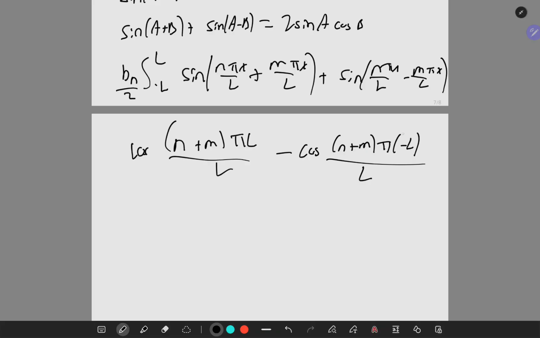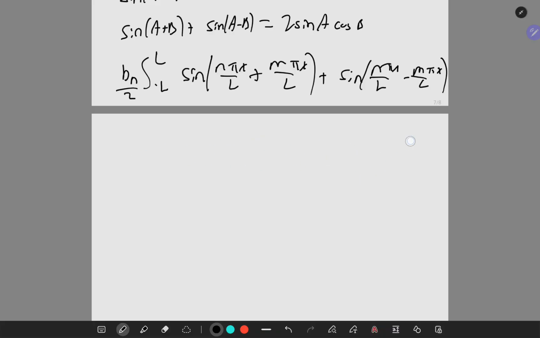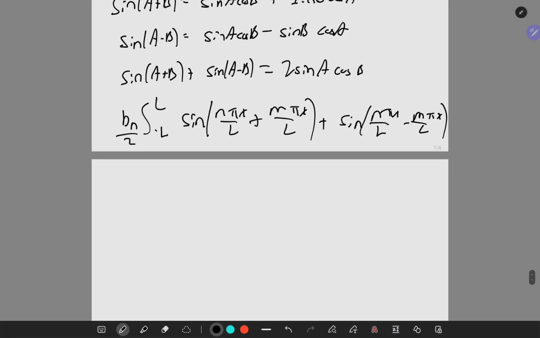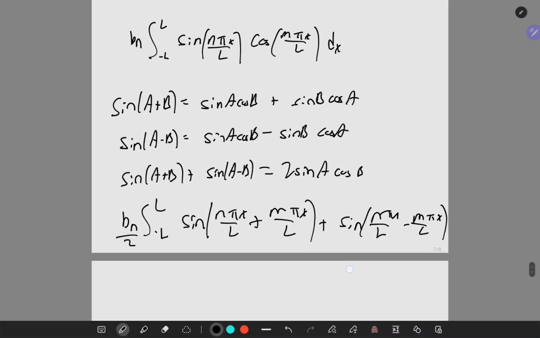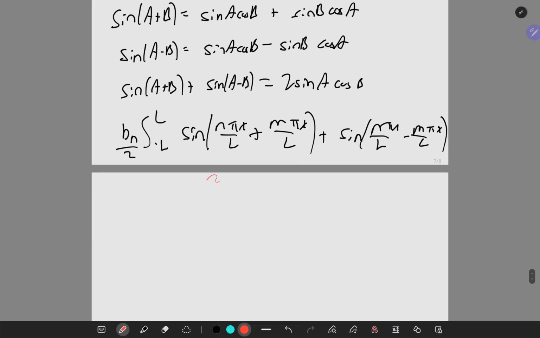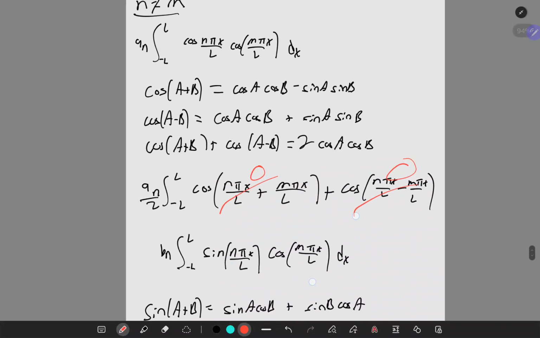Cosine is an even function, so whatever's on the inside can also be positive, and those are the same exact things. That's 0, so you can see how they just subtract from each other. Same thing would happen with this one over here, so every term would drop off again. So we're not going to look at this case anymore.